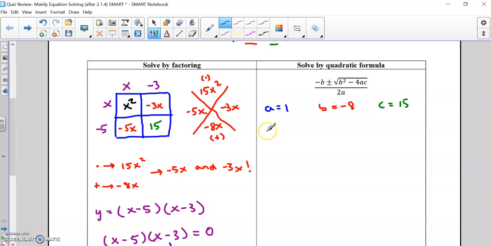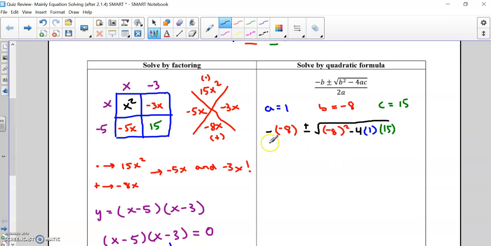So we have negative 1 times b plus or minus the square root of b squared minus 4 times a, our a is 1, times c, our c is 15.